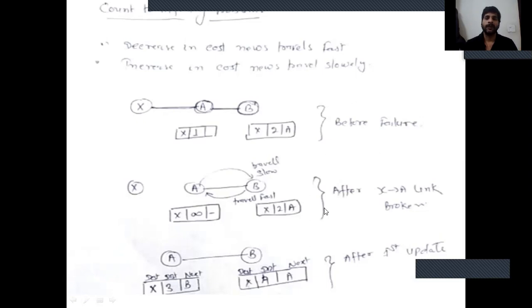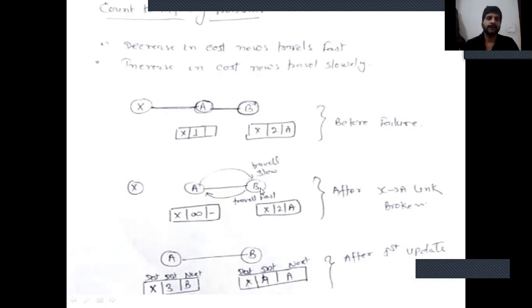Now after the link to X is broken, the X entry in the table becomes infinity, and we also maintain the table X via A. Now that X via A is broadcast faster with respect to A, because the cost of B is low with respect to infinity.